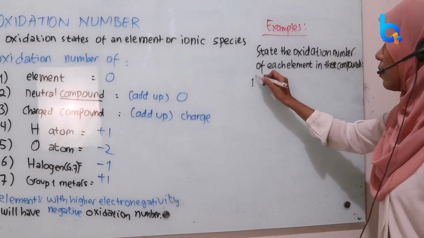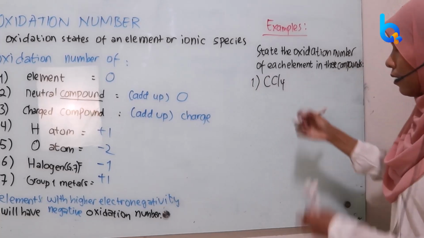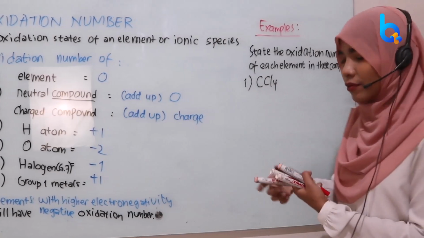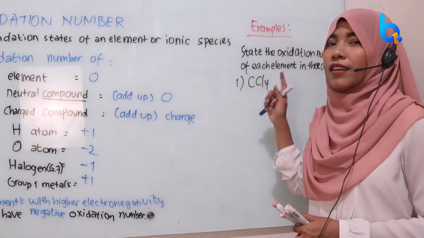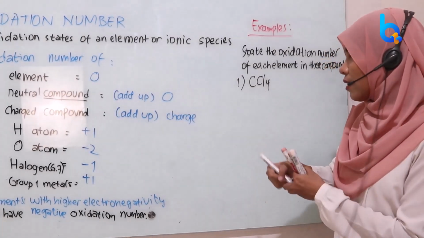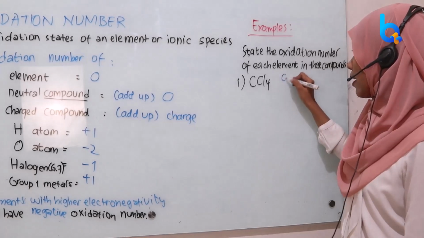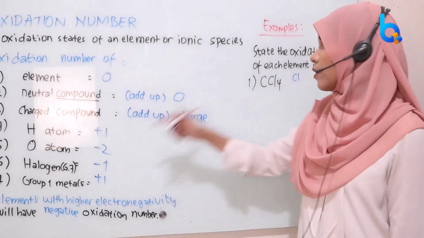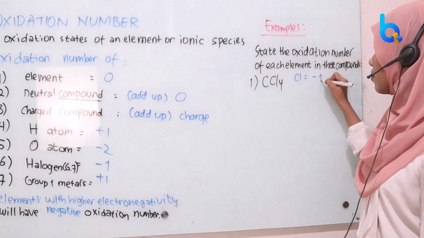The first one here is CCl4. So from here we know that you have 2 elements, carbon, which is the C here, and chlorine, which is the Cl here. Because chlorine is a halogen, the oxidation number will be -1.